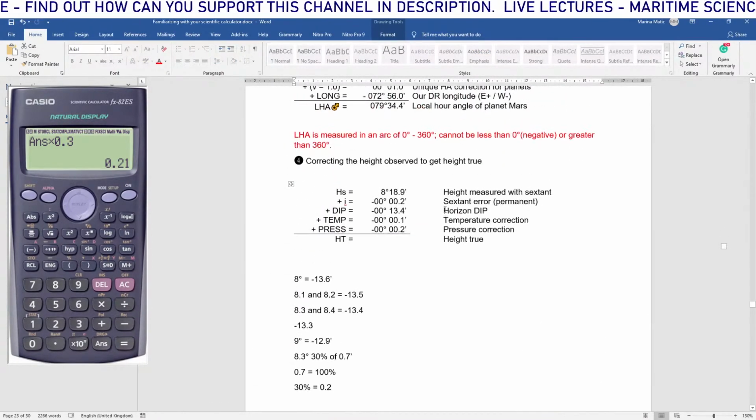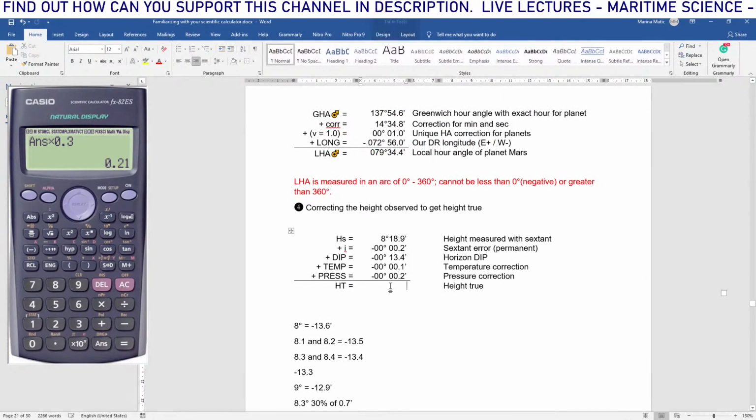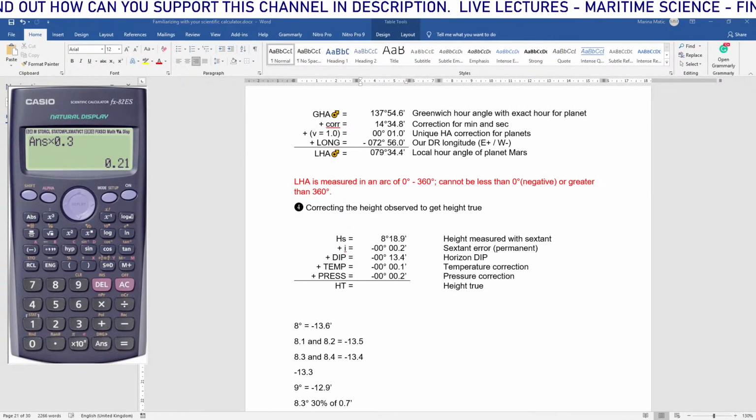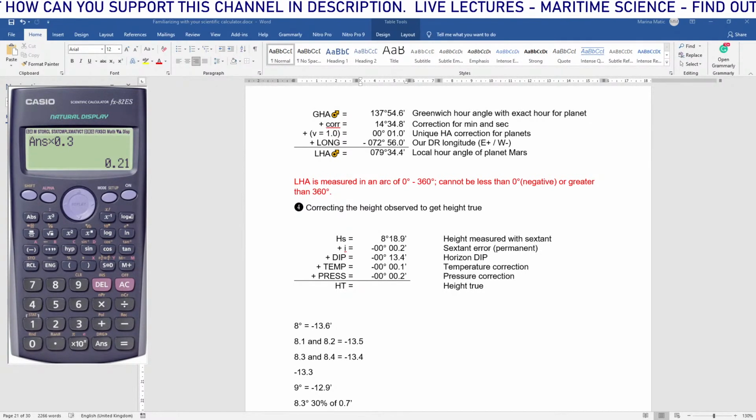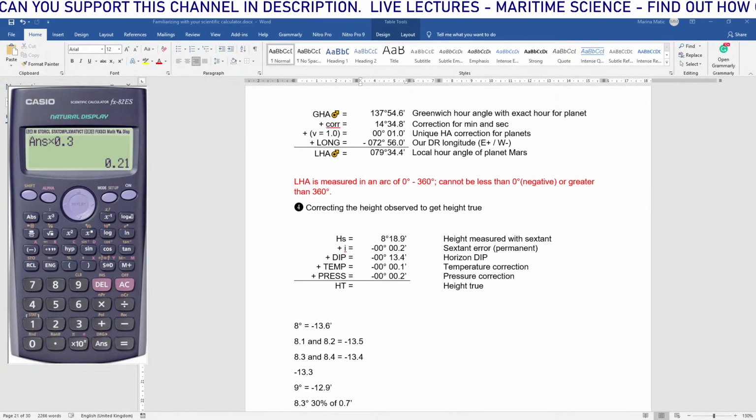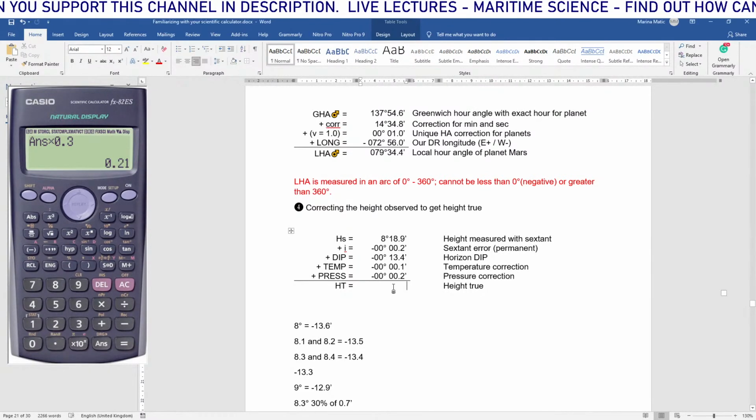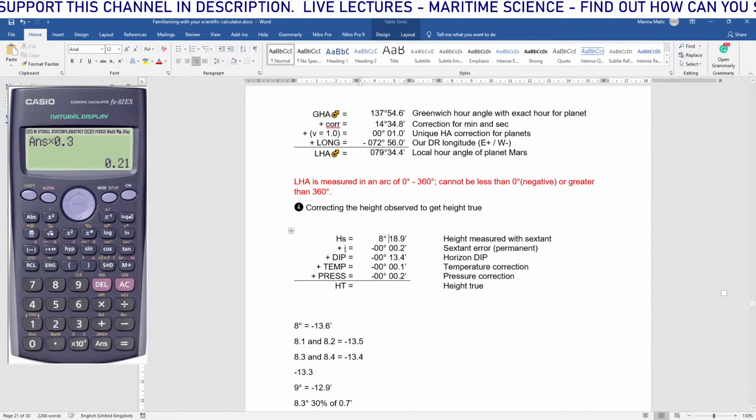And we get, after we do all the math, we get how much? So 18.9, 13, so we get 5 point something. We get 5 point, let's copy this.